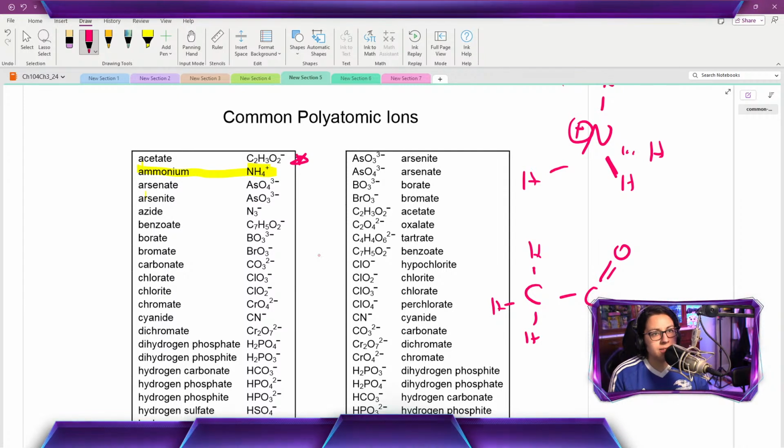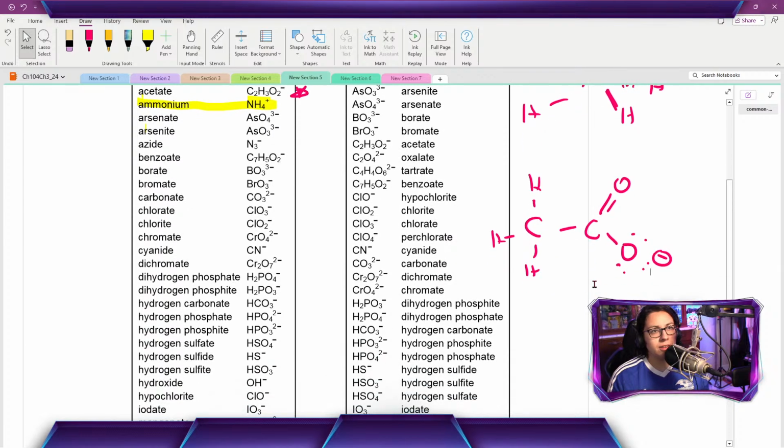So this is acetate, which is related to acetic acid, but this is acetate. But you can also see it written in other ways as well.